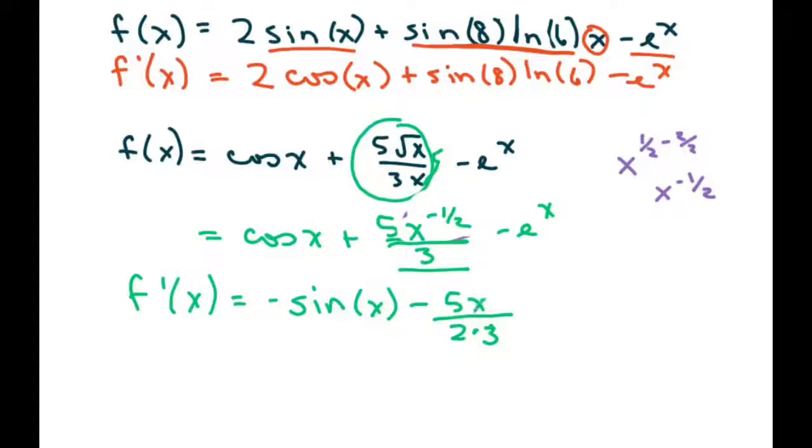And then this is going to be x, and you subtract 1, it's going to be negative 3/2. It's hard to make 3's on this. So negative 3 over 2, and then derivative of e to the x is just e to the x. So the only thing I would change about this is change this 2 times 3 to a 6.